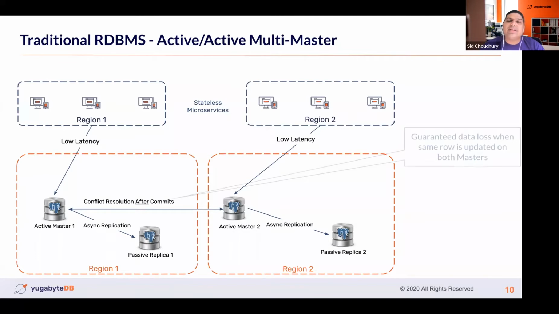But the challenge here is that if the same record is being updated on both sides in the application that you are building, then you are guaranteed to lose one write. There's no denying that fact. And that data loss may not be acceptable for things that are getting shared across the two regions.